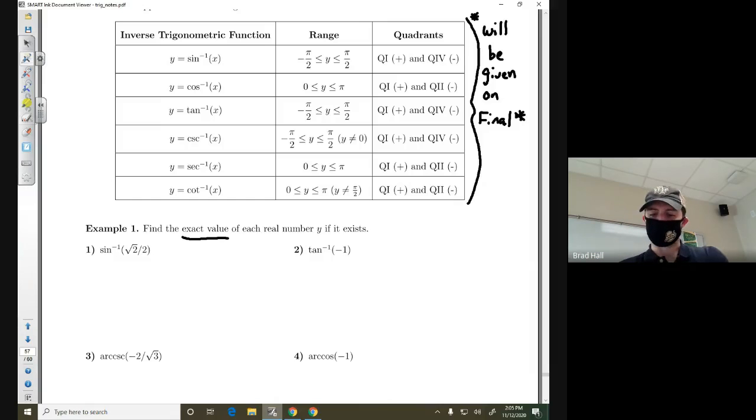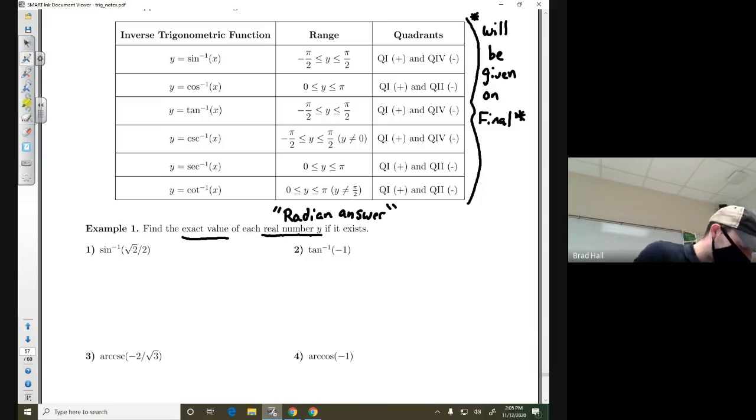It also says, and you will notice this in your homework, real number y. What real number y means is you want a radian answer. So for all of these, we will produce the final answer as a radian measure when it says real number y.